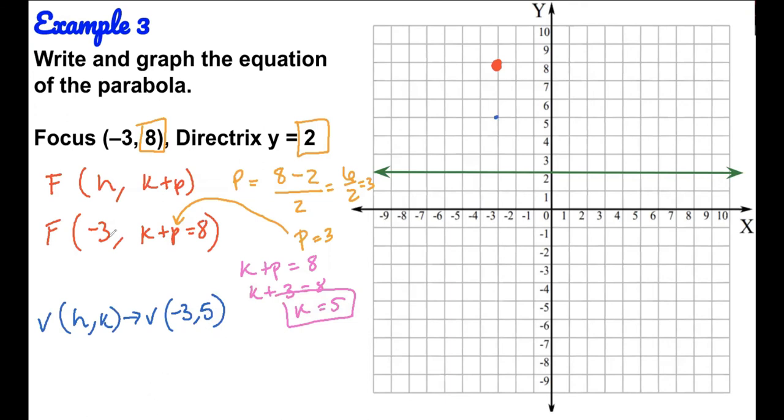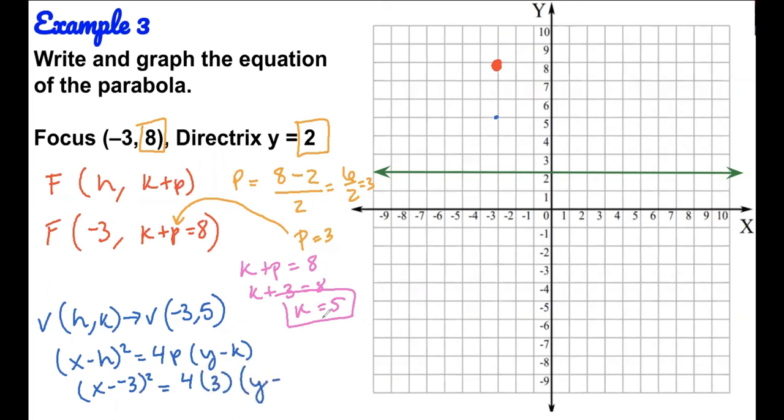All right. Let's go on now with writing our equation. X minus H squared equals 4P times Y minus K. H is -3. So we have to be careful right here because we have X minus -3 squared. 4 times P. P in this case is 3.